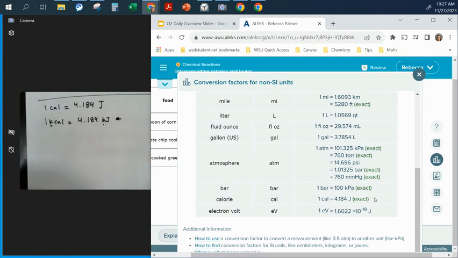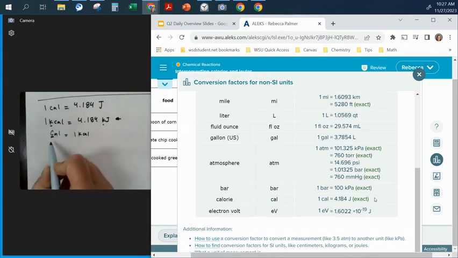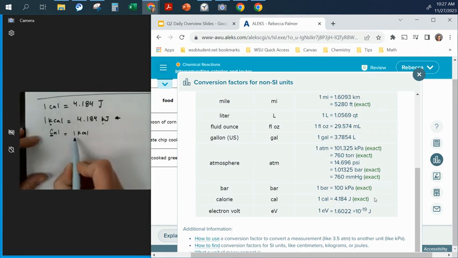So calories is a unit that we use a lot in chemistry, or in nutrition. If you look at the back of the label, it's in calories, but that's in calories with a capital C. So the capital C calorie is the same as 1 kilocalorie. So that's really 1 calorie on the back of your food label is 1,000 little calories, okay?